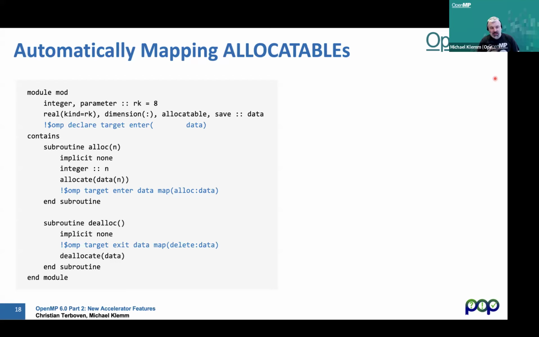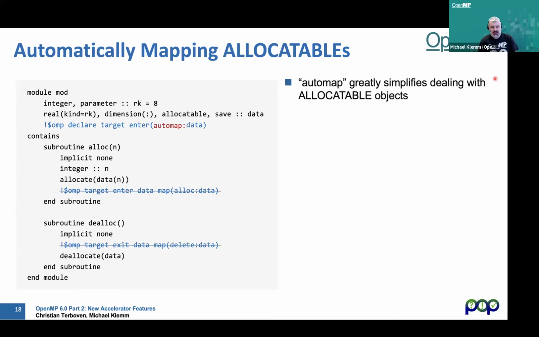And then when you did the allocate and deallocate statements, you would have to have explicit target enter data and target exit data constructs for the allocation to also happen on the target device and potentially move data around, or before you do the deallocate, have the corresponding target exit data that removes the allocation on the GPU.